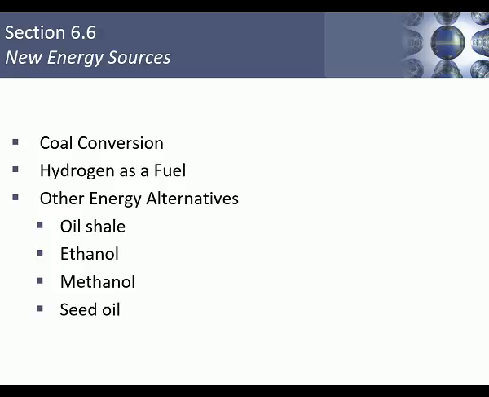And when we do that, the enthalpies of formation of those are such that we have access to more energy than we would if we simply burned the coal. So if we can convert this coal into what some people call syngas, or synthetic gas, we have access to that.